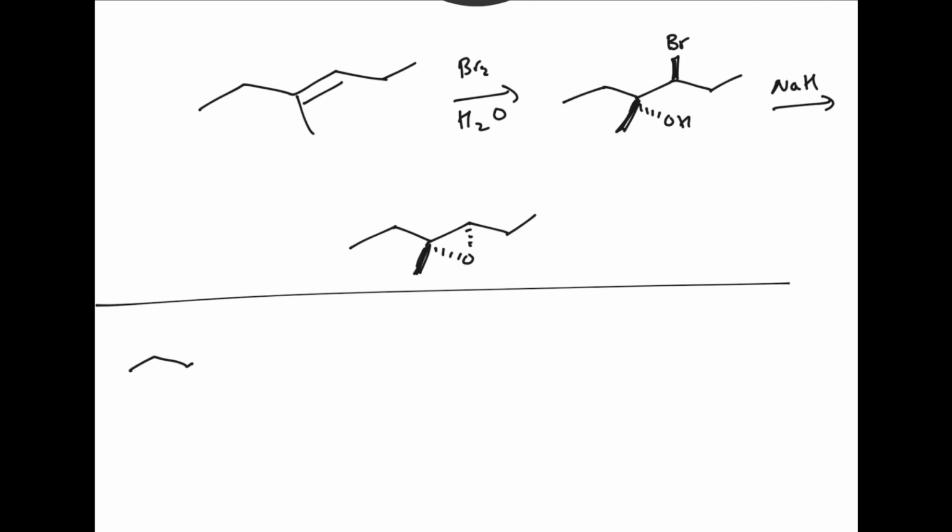Right? If I use the same starting material, and then I use, say, osmium tetroxide, hydrogen peroxide, the big thing you'll notice right away is that your oxygens are on the same side, right?